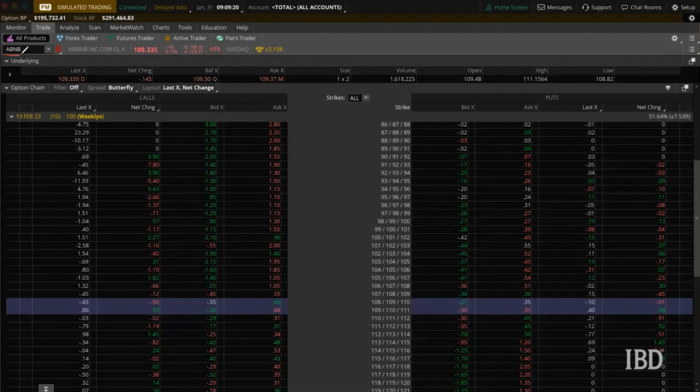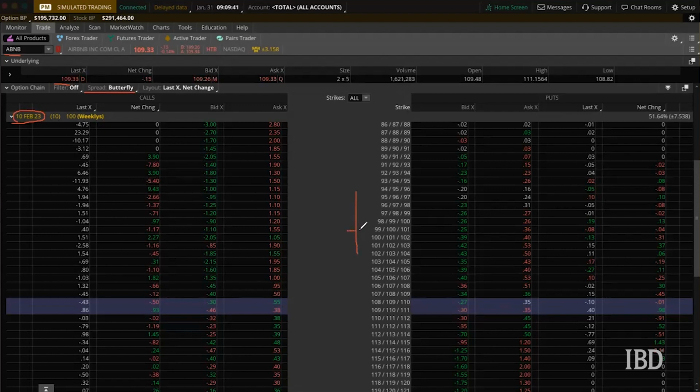So looking at Airbnb here on Thinkorswim, the stock is currently trading around 109 a share. And to set up this trade, we're going to first select Butterfly as the spread type in this box if you're using Thinkorswim. We're going to be looking at the February 10th expiration date. And we've got our strike prices all set up here.